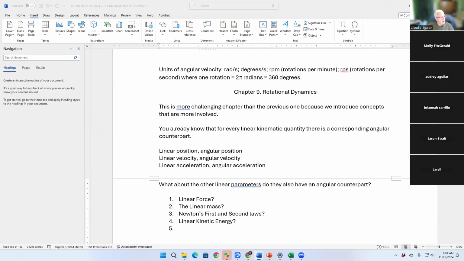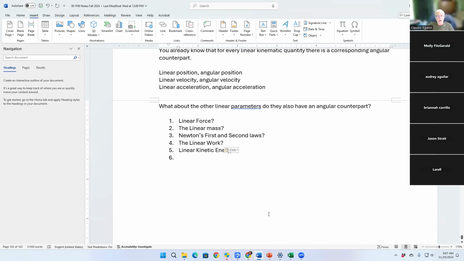Before we talk about the kinetic energy, we have to talk about the work, to have a corresponding angular work. And then we also have the work kinetic energy theorem, and a corresponding angular work kinetic energy theorem. And finally, linear momentum. The answer is yes.